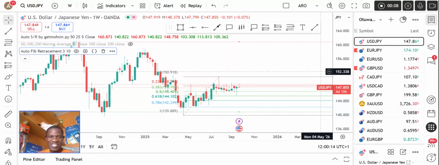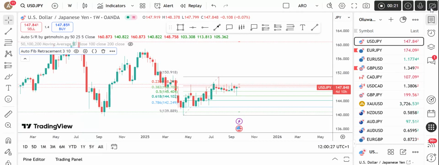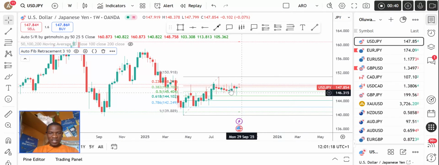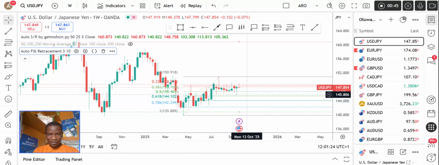As we said last week, we analyzed this particular currency pair. From what we analyzed last week, the market is going to go to the downward side to this level.